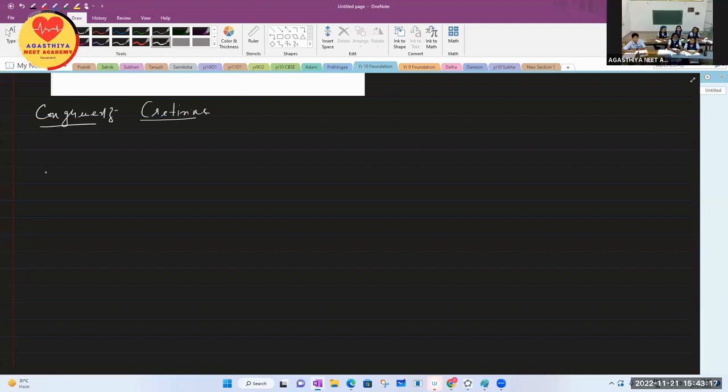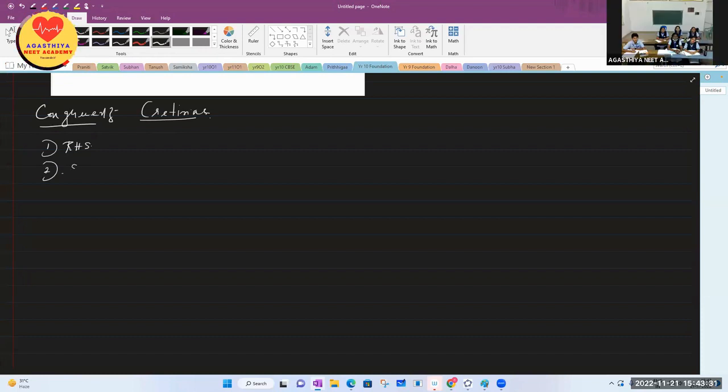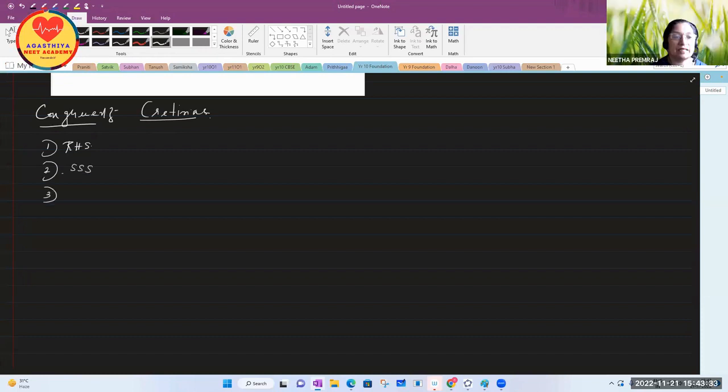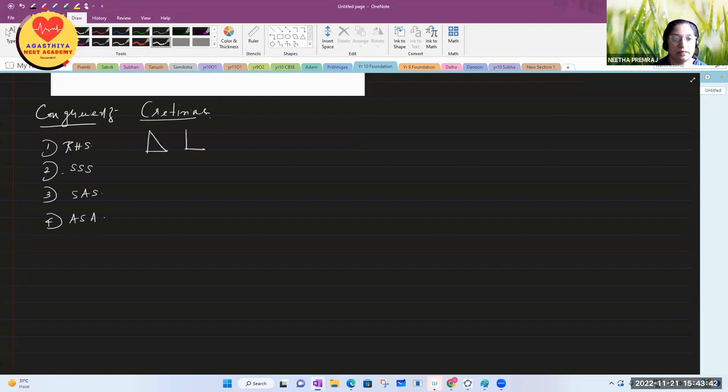RHS. RHS, okay. See, RHS means in two right angle triangles, the hypotenuse and any one of the sides are matching.